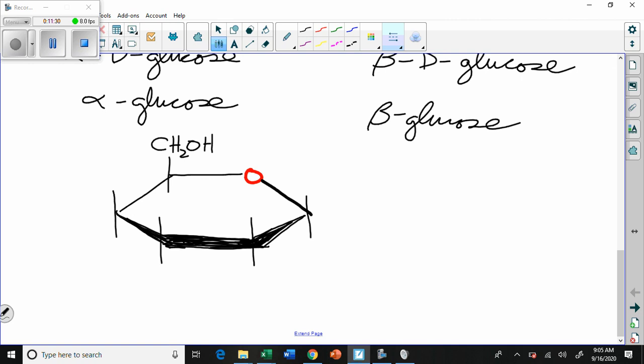Okay. So far, if we're looking at the two ends, the right and left sides, we saw that if the OH is down and down, we have alpha glucose. If it's down and up, then we have beta glucose. But it's also possible to twist them both so they're both up. If you look on page 31, you can see there's a molecule. Well, you can't really see it by itself.